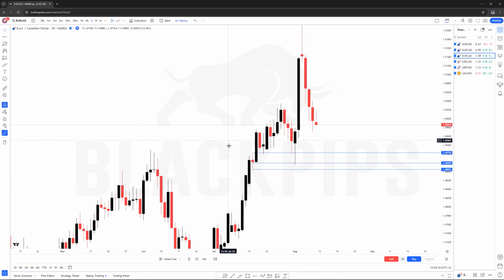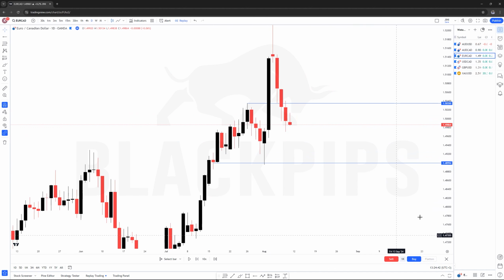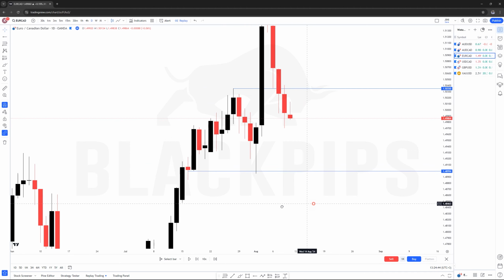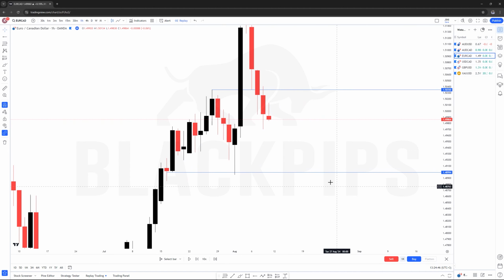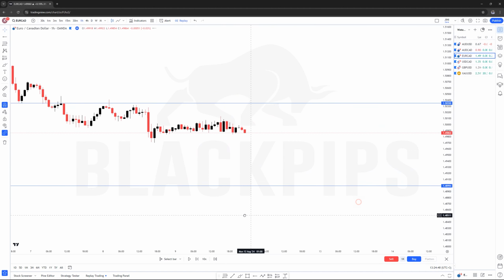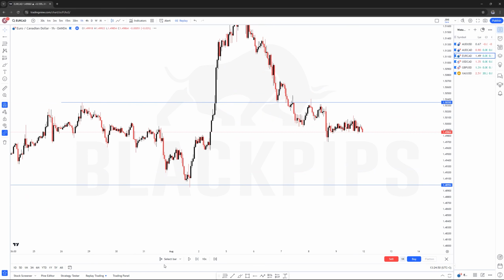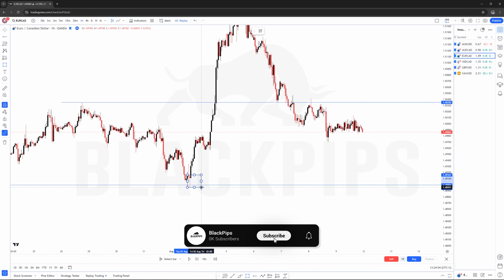But after taking my first entry, the market also breaks the structure at that level. After breaking that structure, when we go down to the 1 hour, we can see that this was our area of liquidity, and this is our inside formation that we found inside this level.